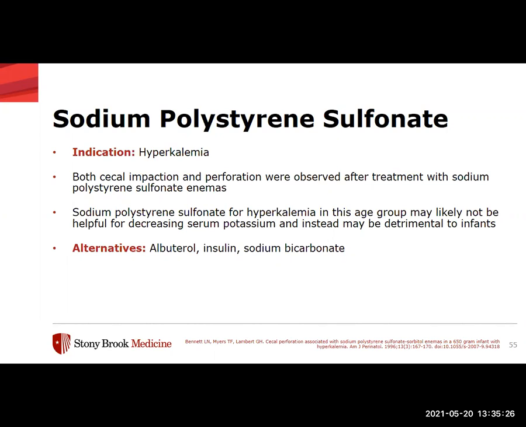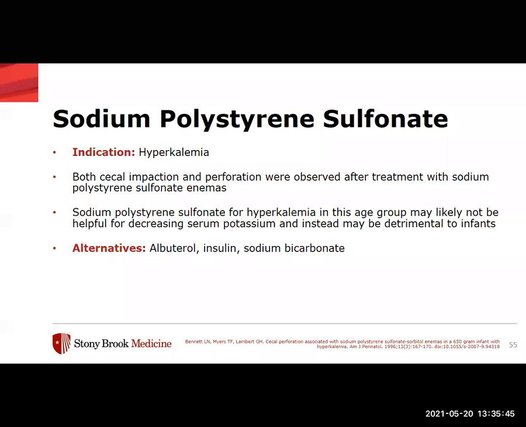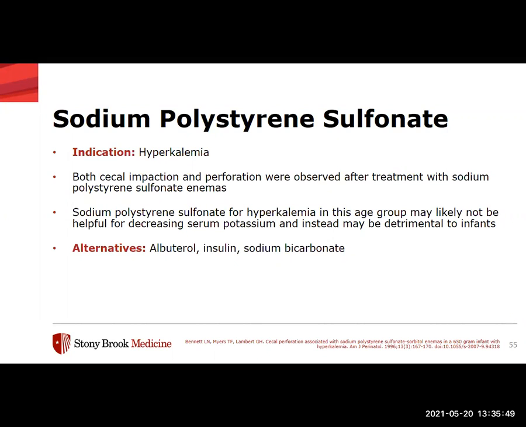Furthermore, recent literature reviews demonstrated that the use of Kayexalate for hyperkalemia in this age group specifically may likely not be helpful for decreasing serum potassium and instead may be detrimental to infants. So because of this evidence and because Kayexalate may be detrimental in infants due to potential hemorrhagic colitis, transmural necrosis, and necrotizing enterocolitis, it was included on the kids list.